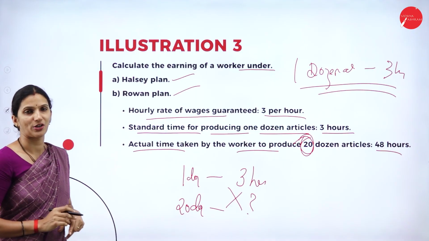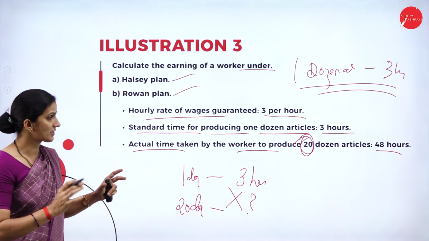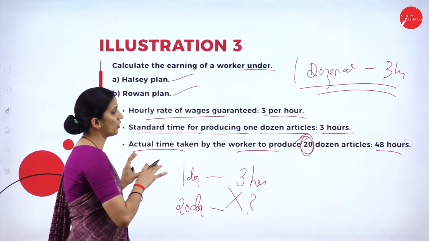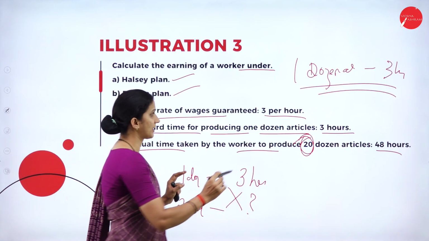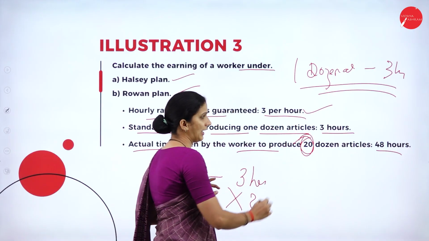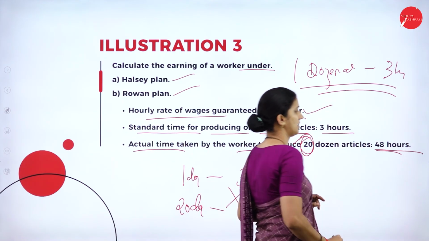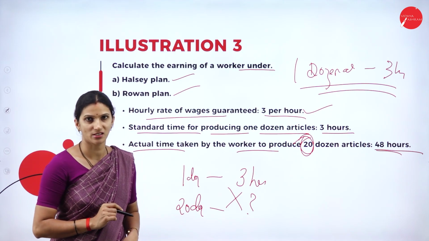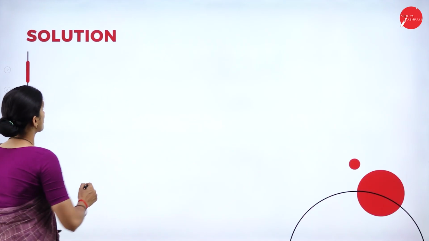You need to do cross multiplication. That is the one small change we have here. Rest of all things are the same. The rate per hour is 3 and the hours worked is 48 hours; the standard time we need to calculate here. Now we will see the solution.